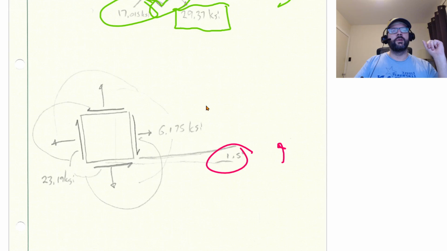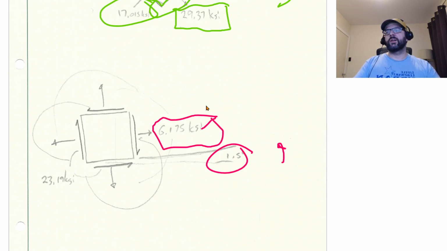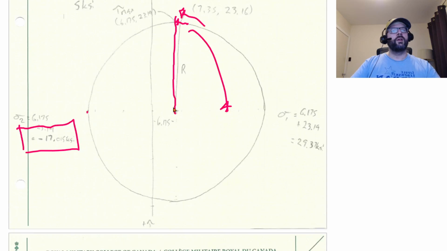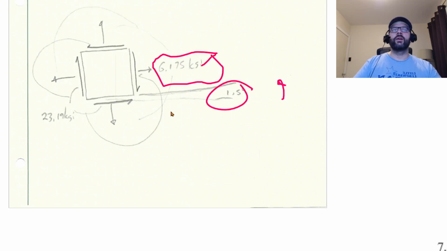And when we do so, all the faces have a 6.175 KSI tensile stress applied to them, because that's the x coordinate of the center, and they all have a 23.19 KSI shear stress on them.